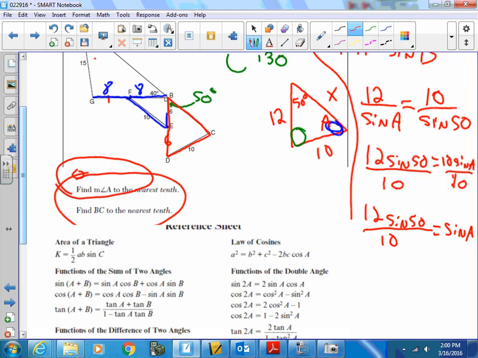Make sure you're in degree mode, because this is in degrees, so don't be in radians, or else the answer will not come out right.